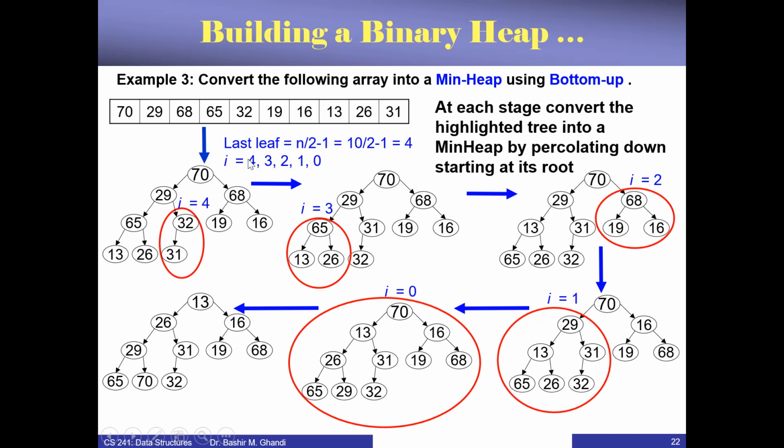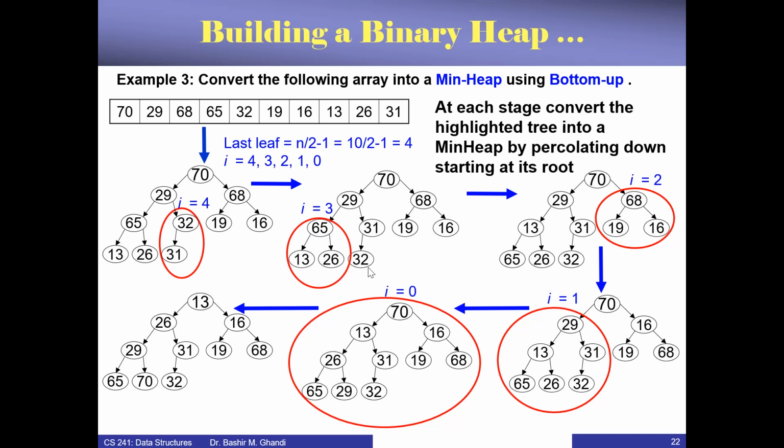For example, here when we have 10 elements, 1, 2, 3, 4, 5, 6, 7, 8, 9, 10, we started from 4 and go up until 0. Essentially, we have to do at most half the number of elements of calculate downs. We have to do 1, 2, 3, 4, 5 times. So n over 2 are needed.